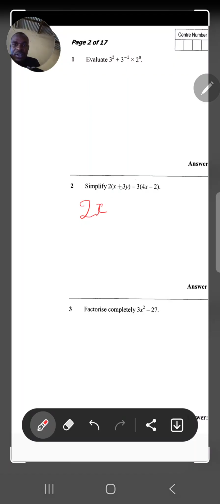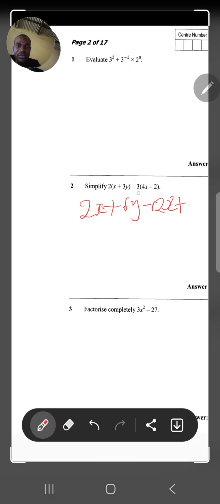Then we have 2 times 3y, which gives us 6y. Negative 3 times 4x gives us negative 12x. We said it will give us negative 12x.